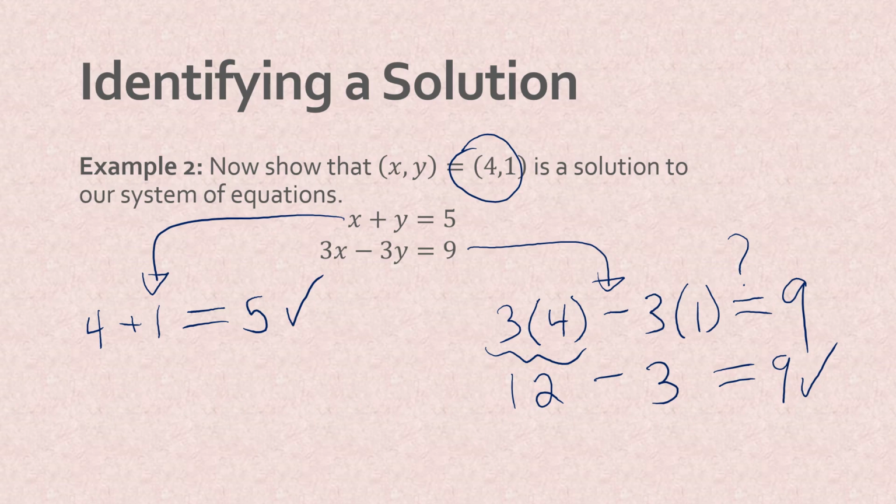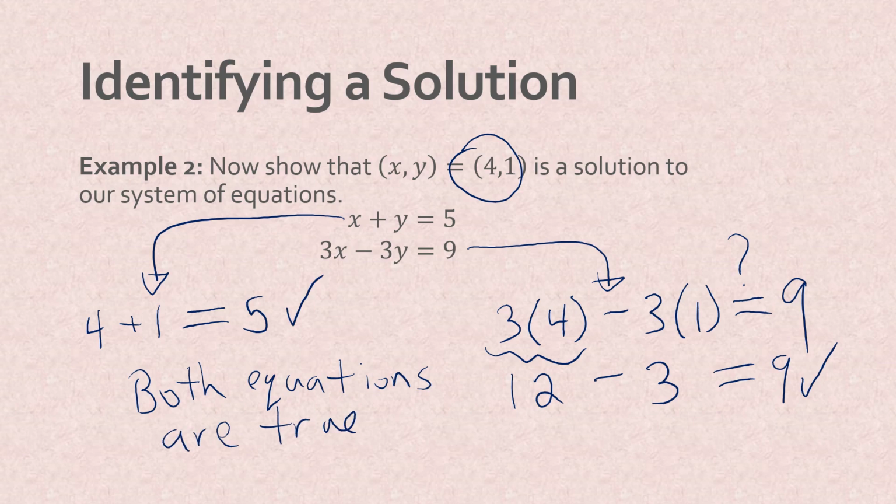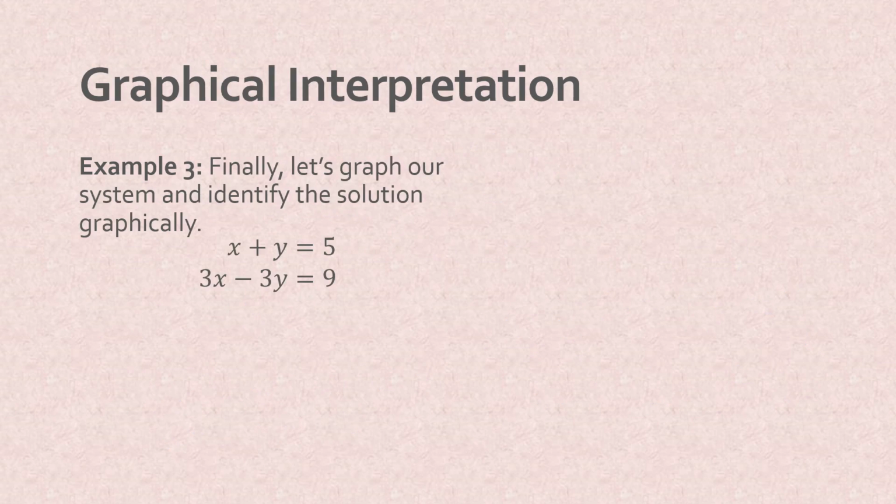So since it made both equations true, we have shown that it is in fact a solution because both equations are true for our value of 4, 1. So we've identified that 4, 1 is a solution. Let's see if we can interpret that solution appropriately on a graph.